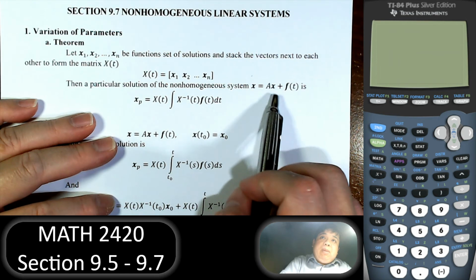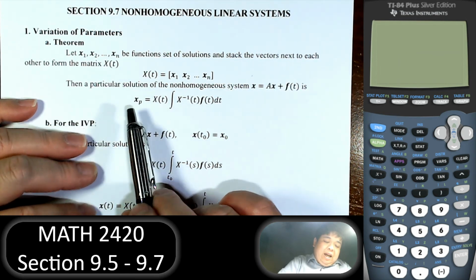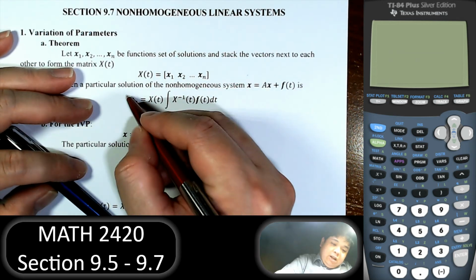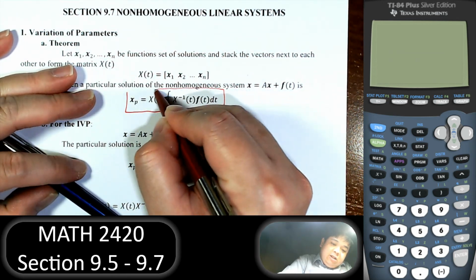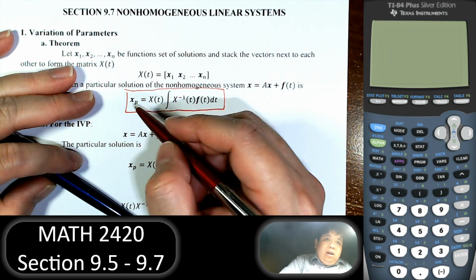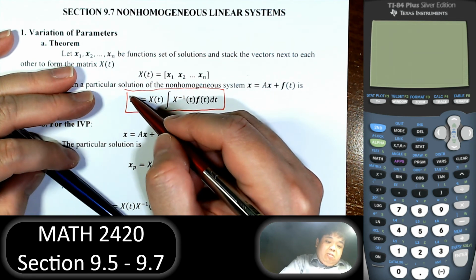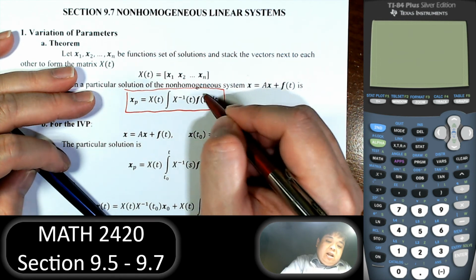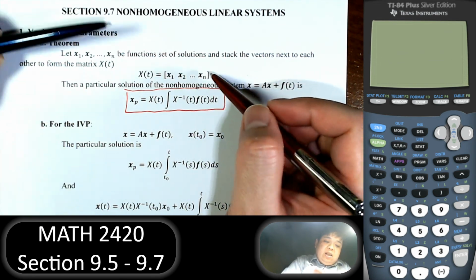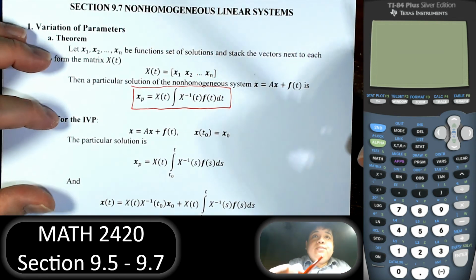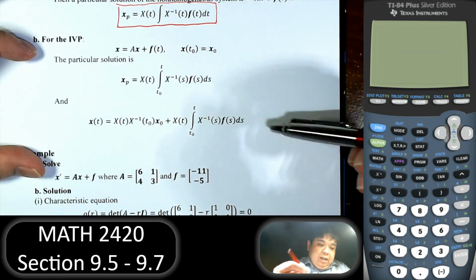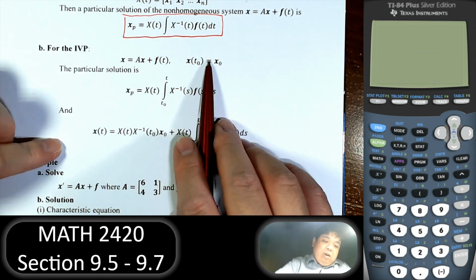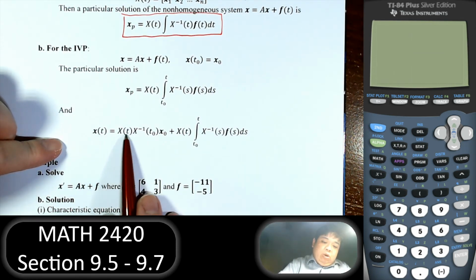This function f(t) makes it non-homogeneous, and in that case the particular solution, in matrix form, is the matrix X times the integral of the inverse of matrix X times the function f(t) dt. Here's an example, if we have an initial value problem.